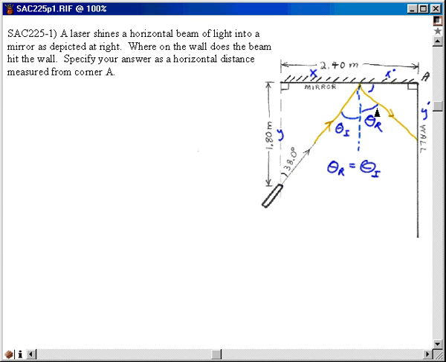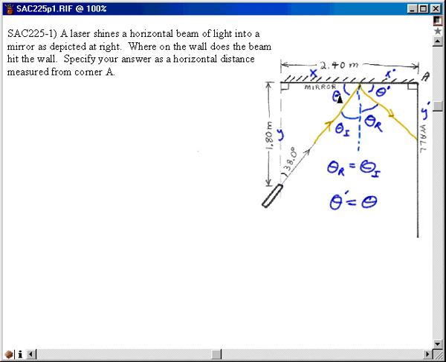I need this angle, which I'll call theta prime. It's going to be 90 degrees minus theta R, which is the same value, and this is 90 degrees minus theta I. So this, being theta, is going to be equivalent to theta prime.